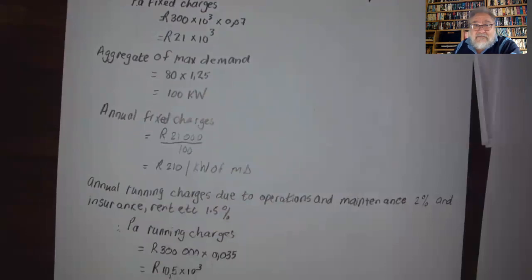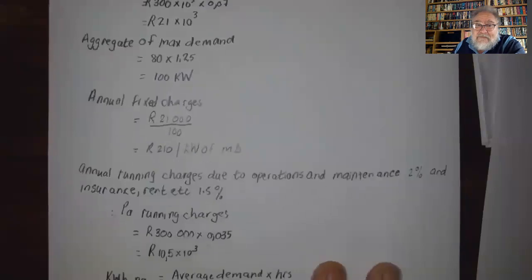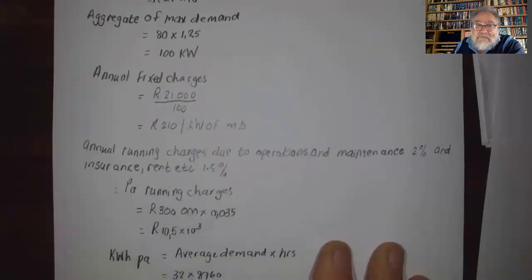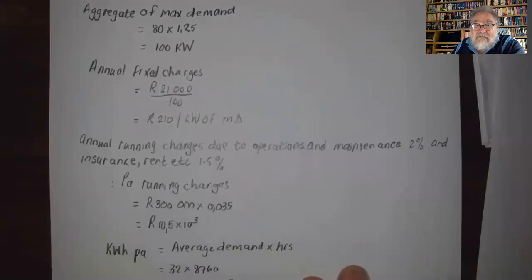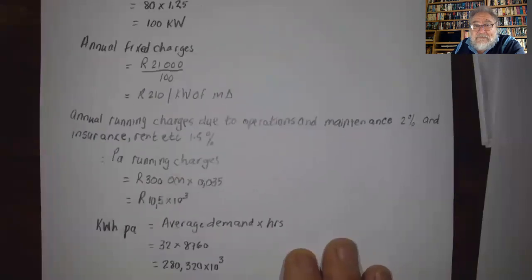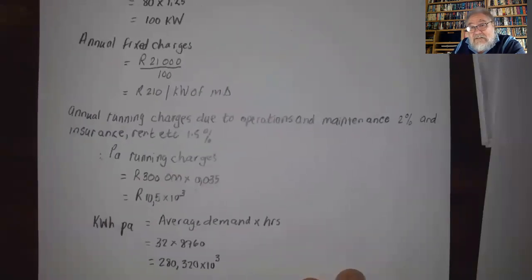The aggregate of maximum demand is 80 times 1.25, which gives us 100 kilowatt. The annual fixed charges is 21,000 divided by 100. That gives us 210 per kilowatt of maximum demand. The annual running charges due to the operations and maintenance is 2%, and insurance and rent, etc. is 1.5.